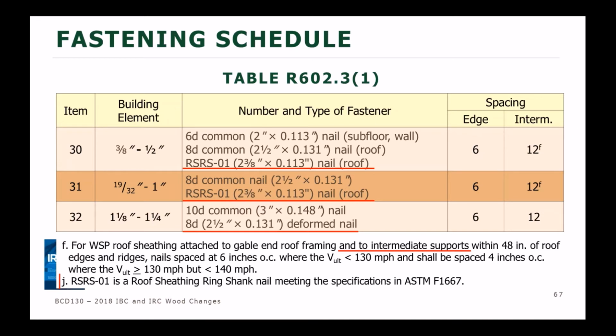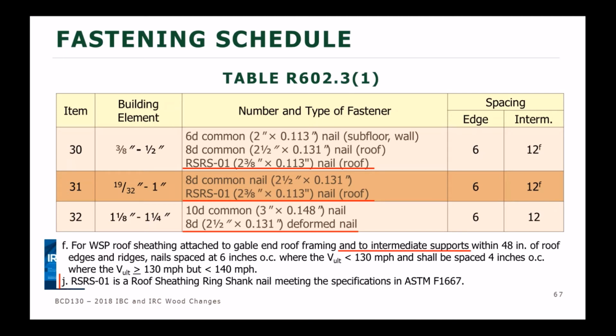Footnote J is just adding that ring shank nail, stating what specification it needs to meet, and that's a manufacturing specification again. But also in footnote F, we have for wood structural panel roof sheathing, notice where it says attached to gable end roof framing and to intermediate supports.